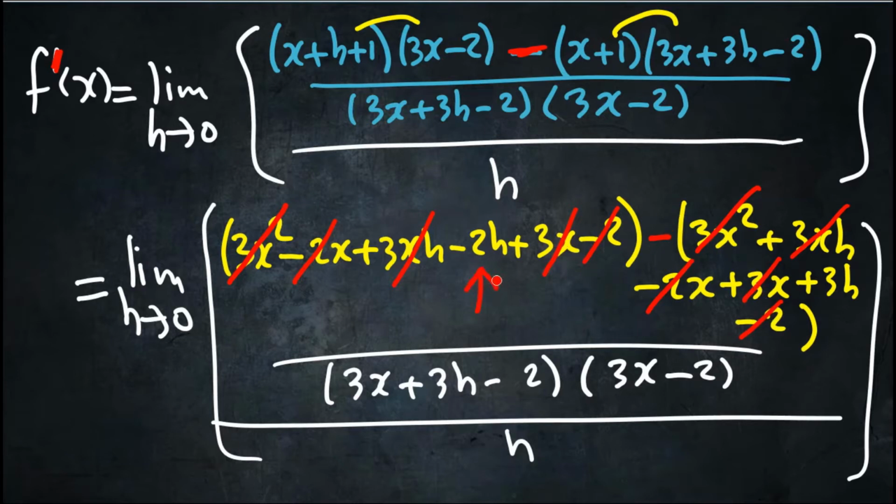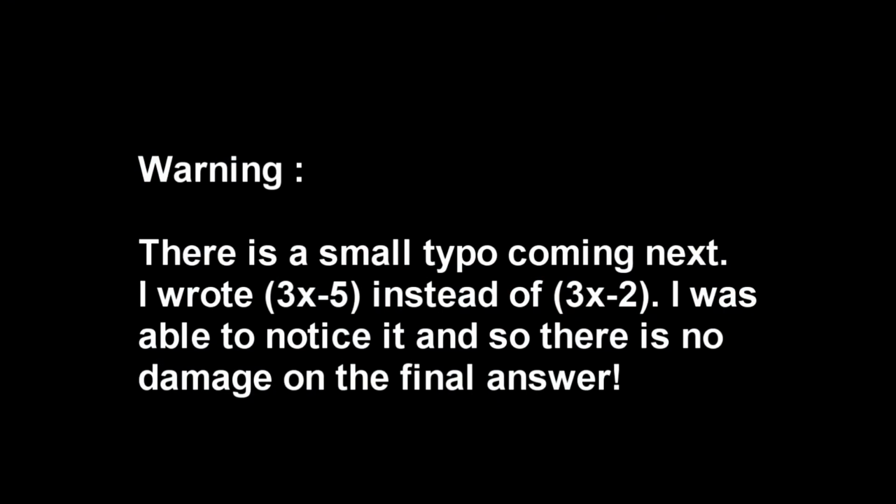And we have minus 2h left on the left and 3h left on the right. Minus 2h minus 3h, that's minus 5h. We have minus 5h divided by 3x plus 3h minus 2 times 3x minus 2, divided by h.